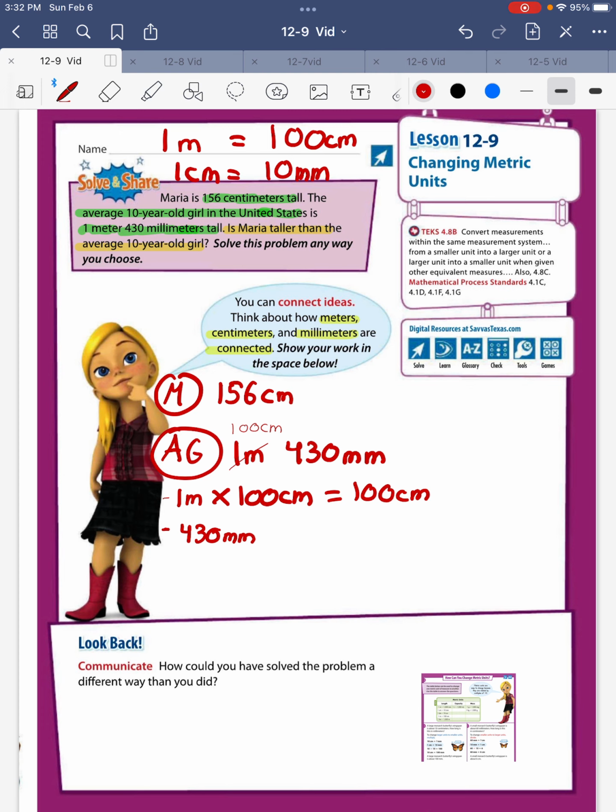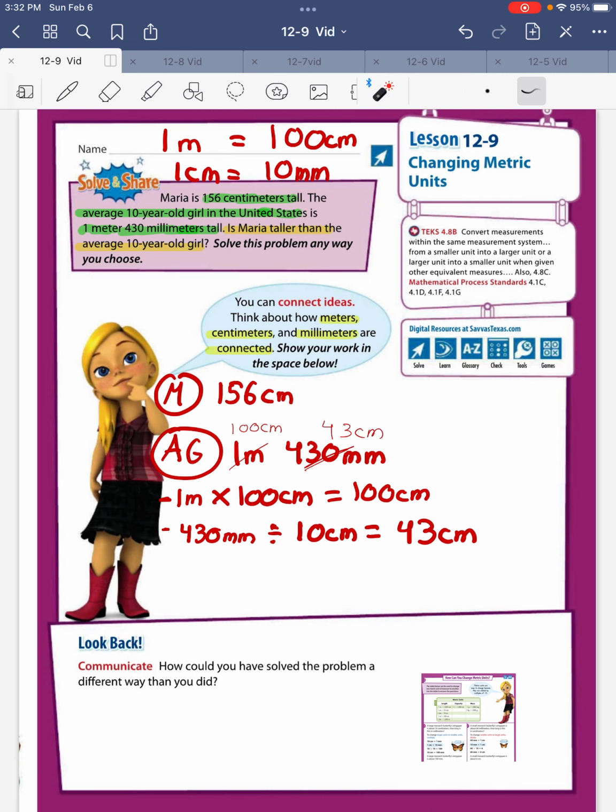So 430 millimeters divided by 10, you're going to get 43 centimeters, okay? So this 430 millimeters actually equals 43 centimeters.